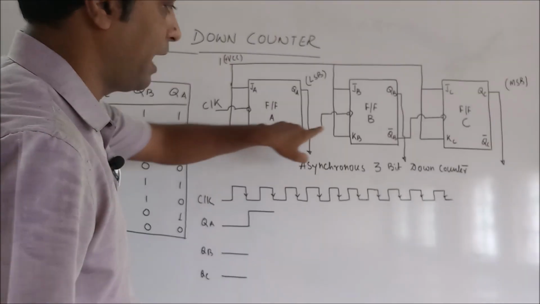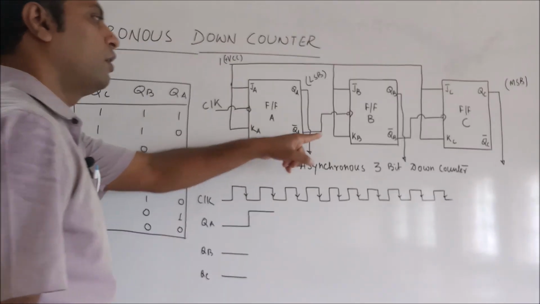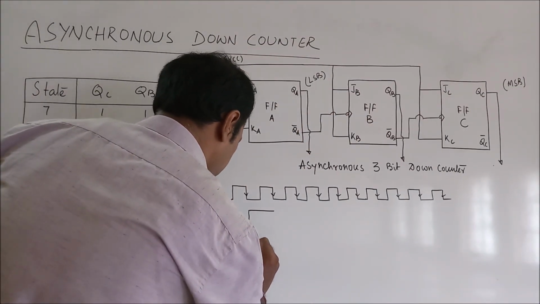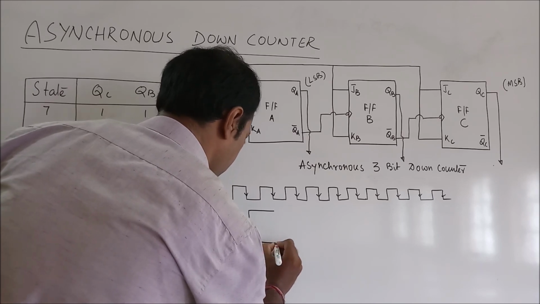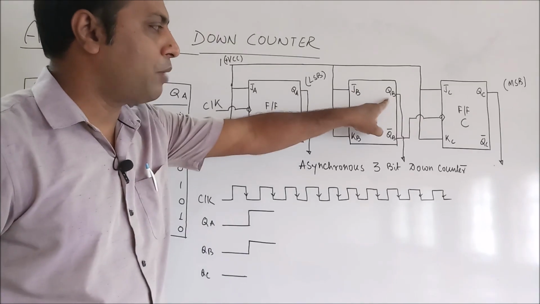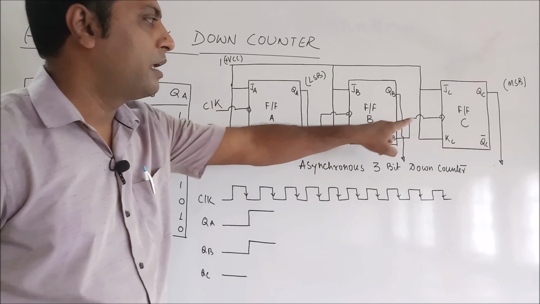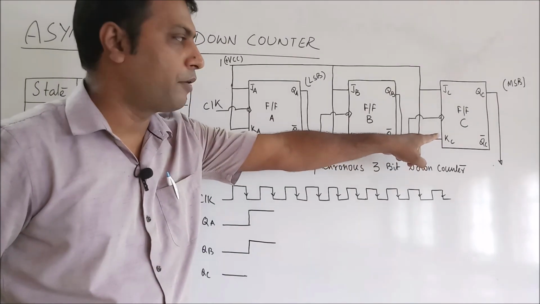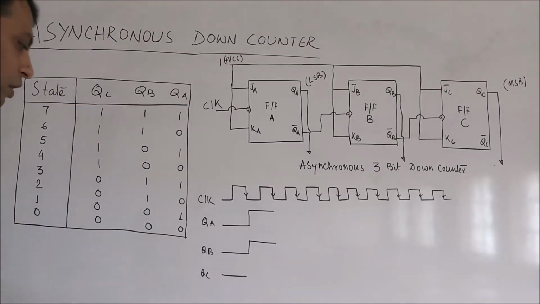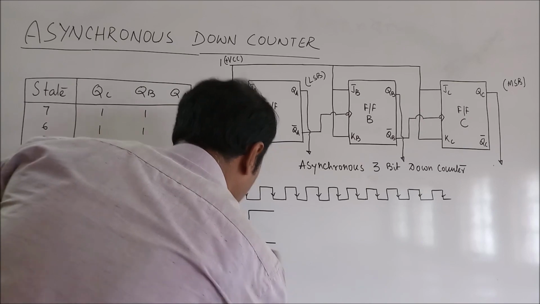That QA bar provides the clock pulse for flip-flop B, so QB also toggles from 0 to 1. Then QB is 1, meaning QB bar is 0. That QB bar provides the clock pulse for flip-flop C, and QC also toggles from 0 to 1.